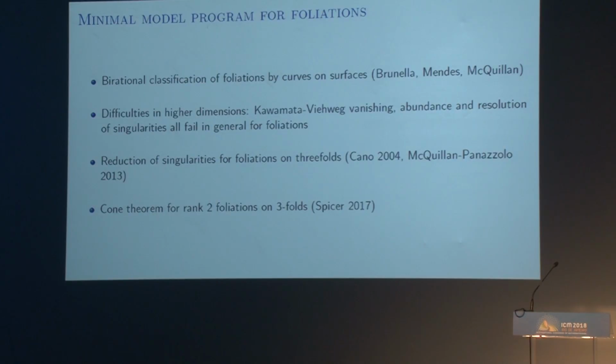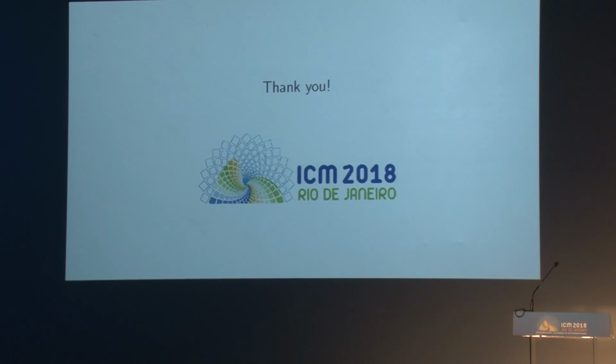For this reason, since in the minimal model program we know that we have to deal with singular varieties, it is important that the theory that we have been developing holds for mildly singular varieties as well. Okay, I think I went a bit fast, but this is all I wanted to tell you. Thank you very much.